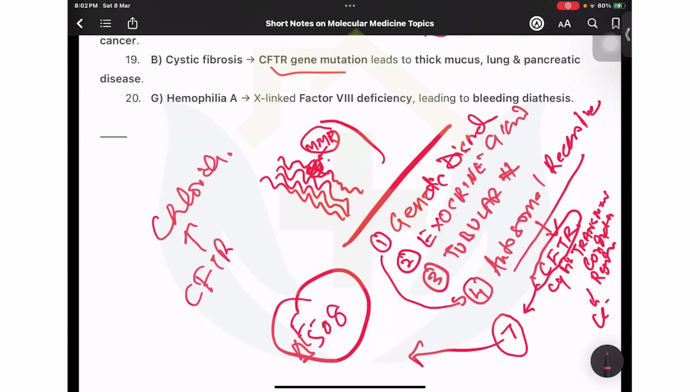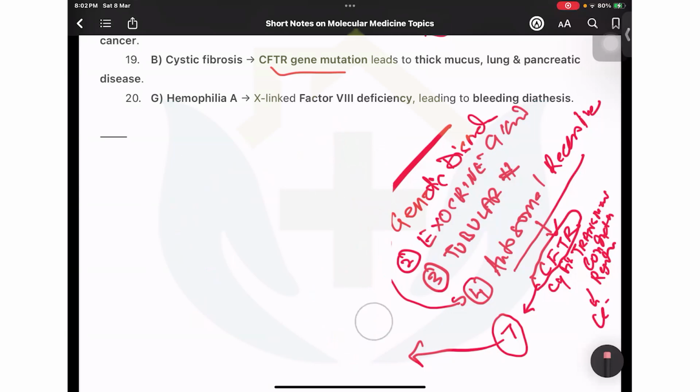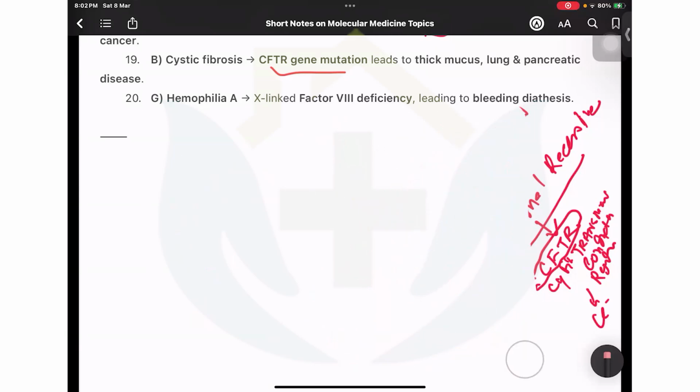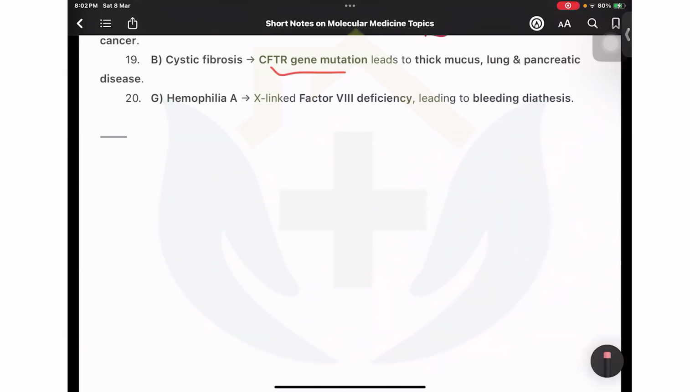there is blockage by the thick mucus. Anybody who knows which test is to be done if the parents are known to have cystic fibrosis, and when it is to be done? So in newborns, number one, it is known as IRT.